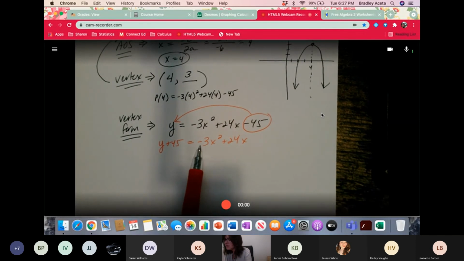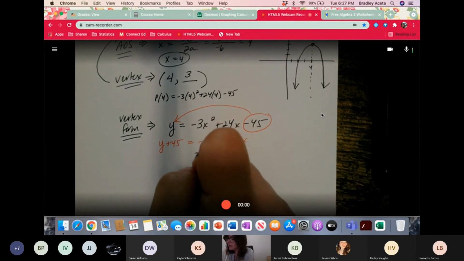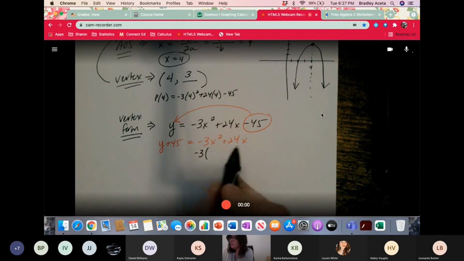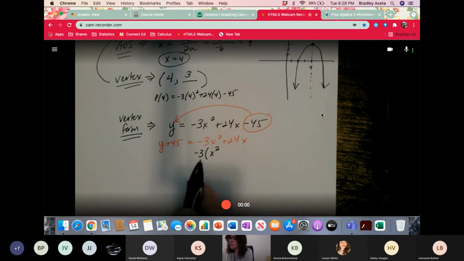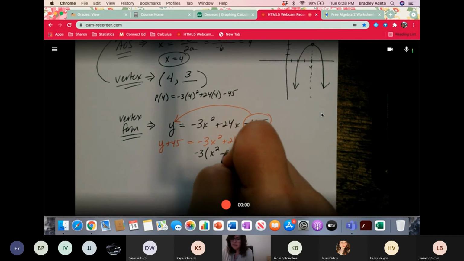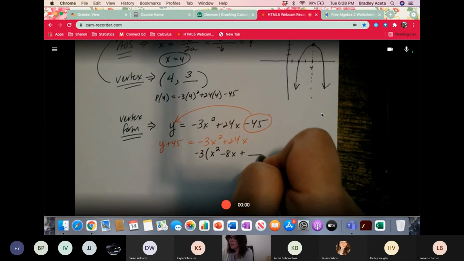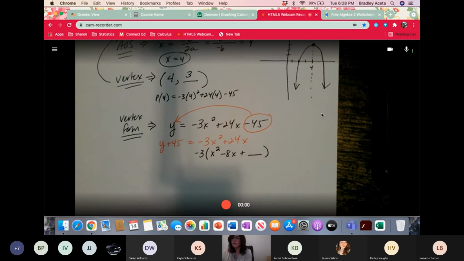Now you see how this has a -3 in front? We want it to just be a 1, so we need to factor that out. So we're going to factor out a -3 from these two right here. And we're going to call it x squared. -3 from 24x would be -8x, and then put plus blank. And we're going to fill in that blank in a minute.